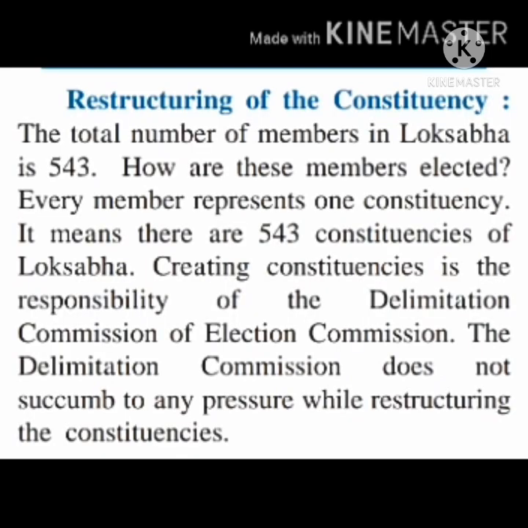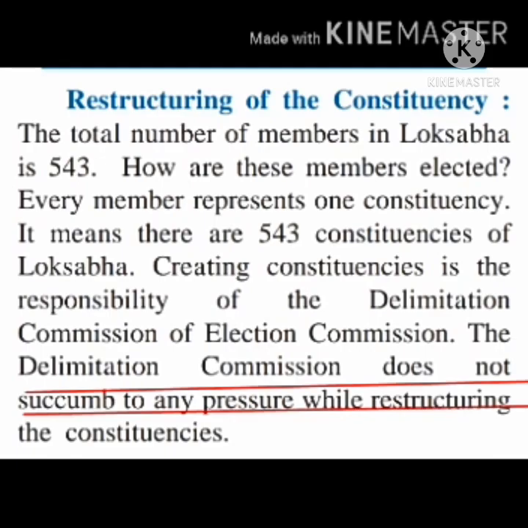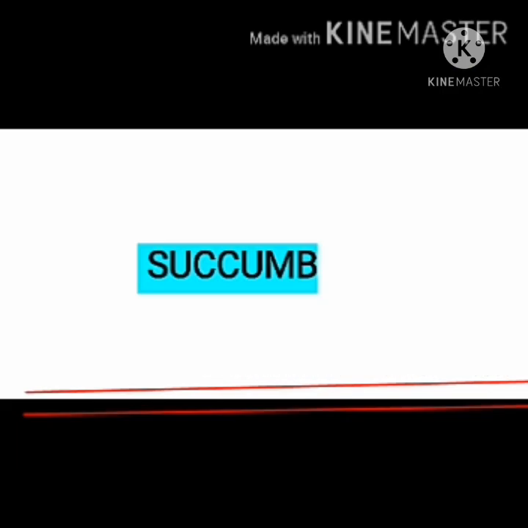It divides the area as per the population and forms constituency. If area is less and population is more, then there will be more constituencies. For example, Mumbai is divided into 4 constituencies. Delimitation Commission does not succumb to any pressure. Succumb means to surrender.